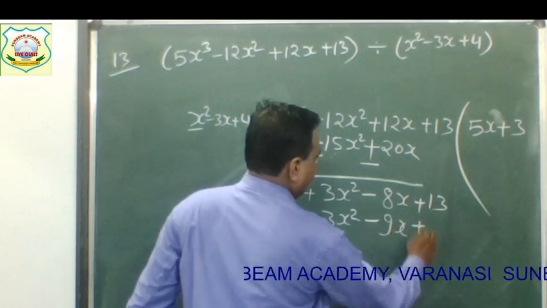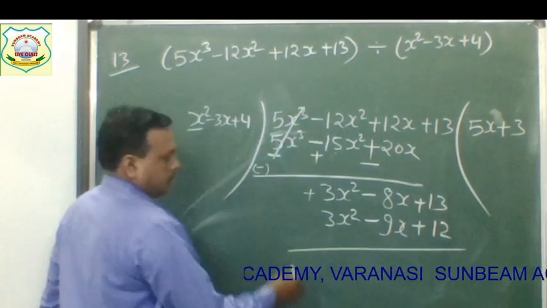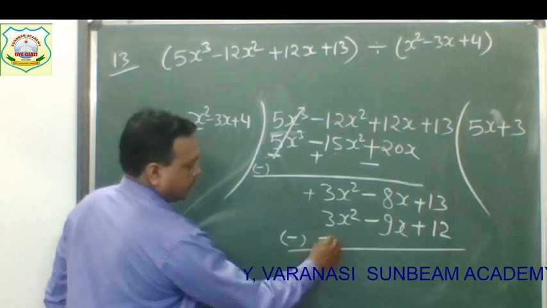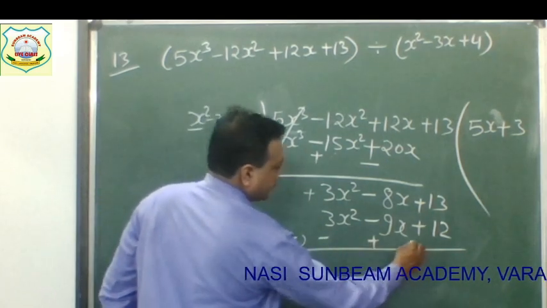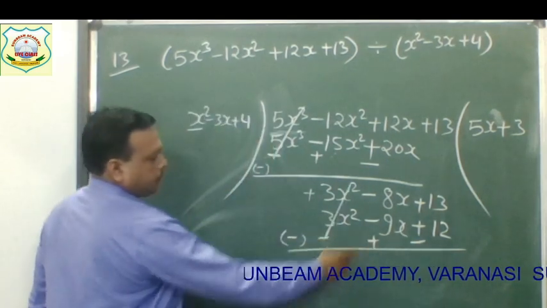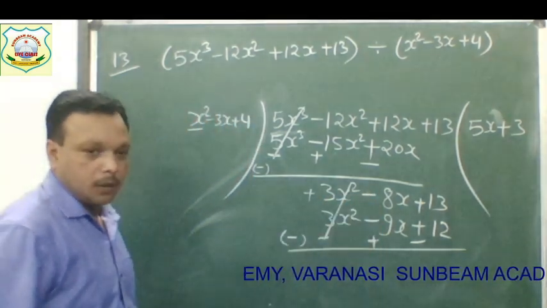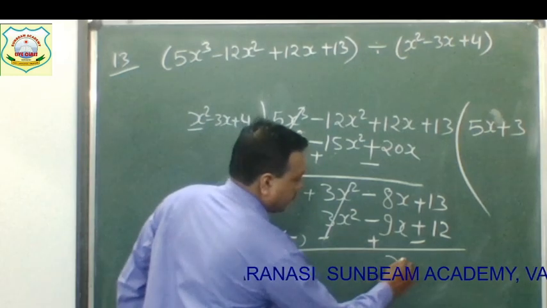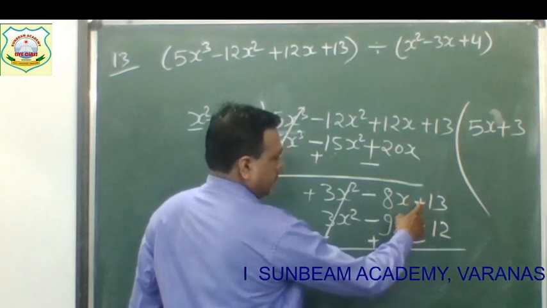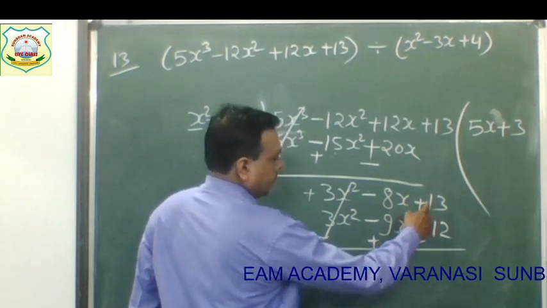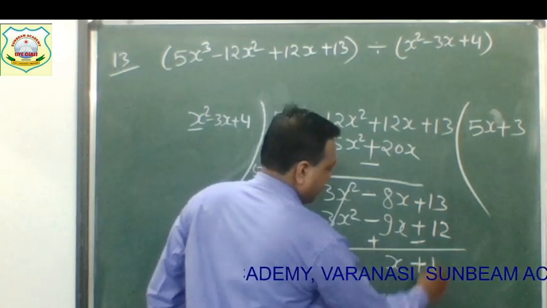Plus 3 4 is 12. Now sign plus is here, minus and plus is here, minus. So it will be cancelled. Plus minus, so plus 9x and minus 8x. So x will come, 1x. Then plus 13 minus 12, so plus 1.